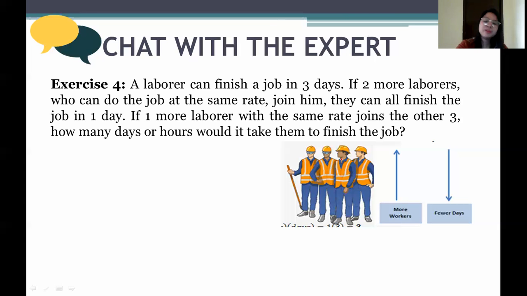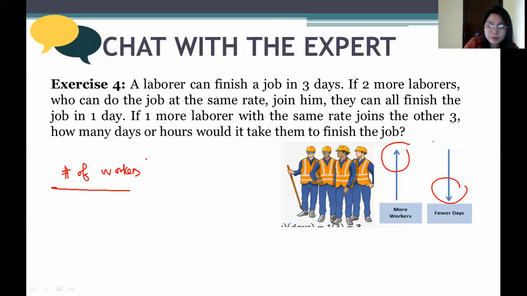Now let's start. Remember, the problem tells us that if there are more workers, it will take them fewer days to do the job. You can do it this way. What's the first variable? The number of workers. What's the second variable?